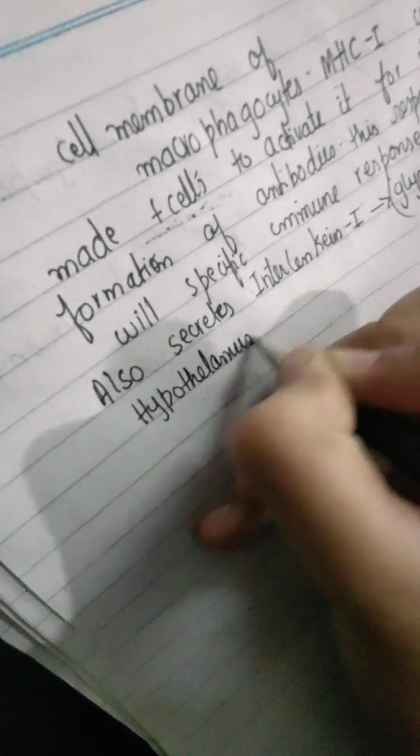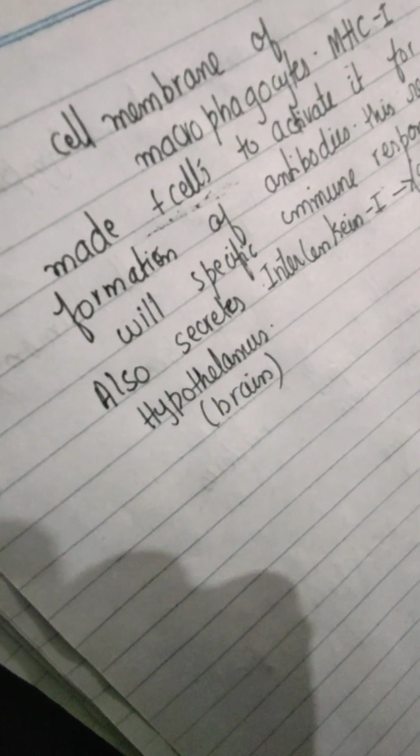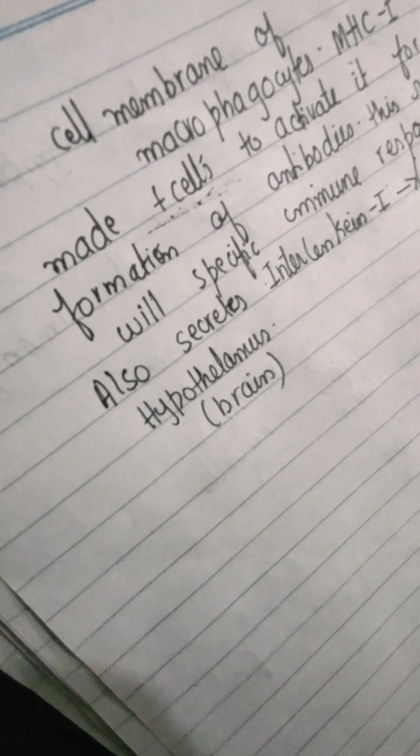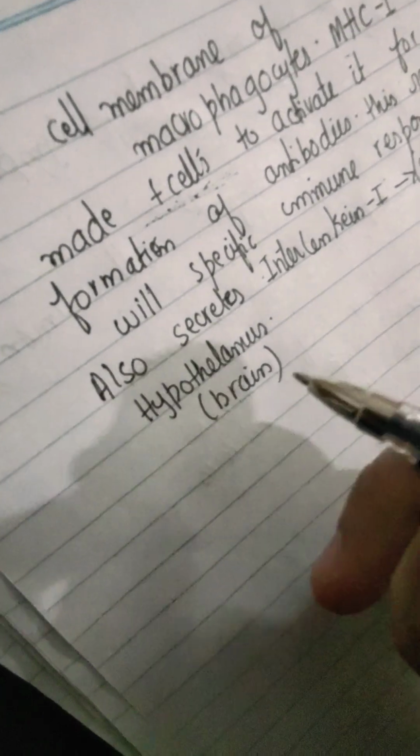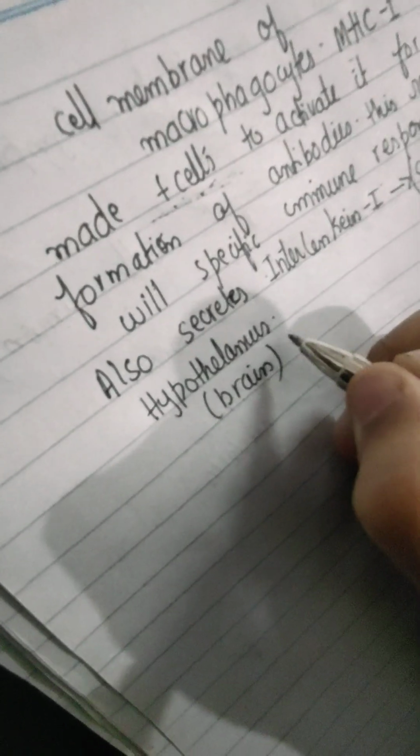What is the hypothalamus? It is a part of the brain, part of the forebrain. You have the diencephalon and thalamus, hypothalamus, epithalamus. So the hypothalamus is a part of the forebrain.